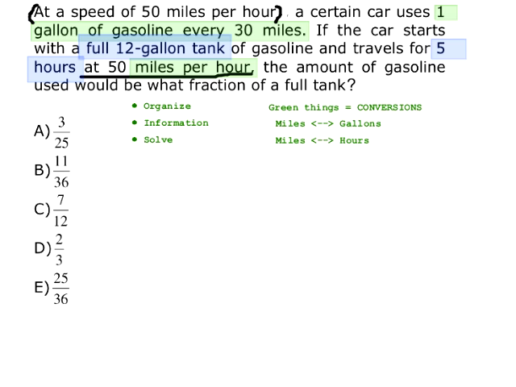So as far as organizing the process here, the deal is you can realize that you start with 5 hours. Then you can go from hours to miles because you know how to do that. Once you're in miles, what can you do?